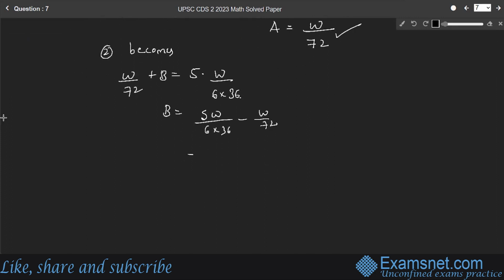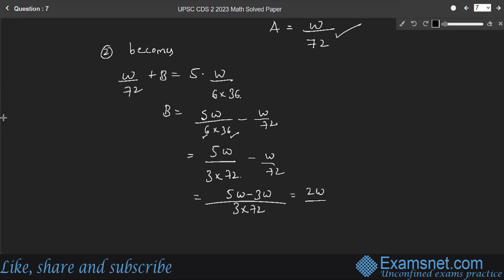Now, 6 into 36. In that, we can write 6 as 2 into 3. Since 2 into 36 is 72, 5W by 3 into 72 is nothing but 5W by 6 into 36, minus W by 72. In this, 3 into 72 is the LCM and 5W minus 3W is the numerator.